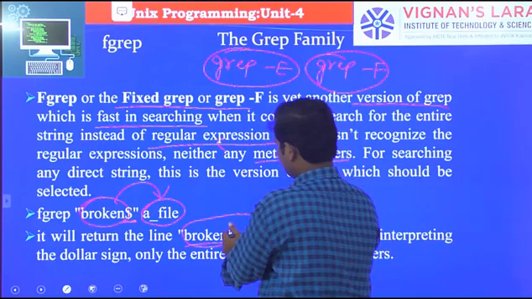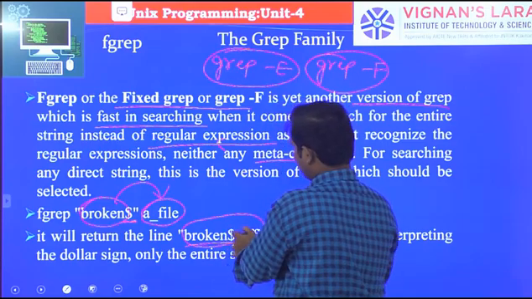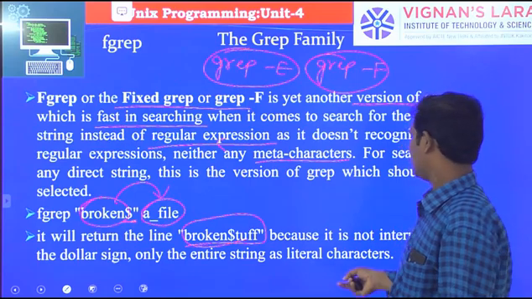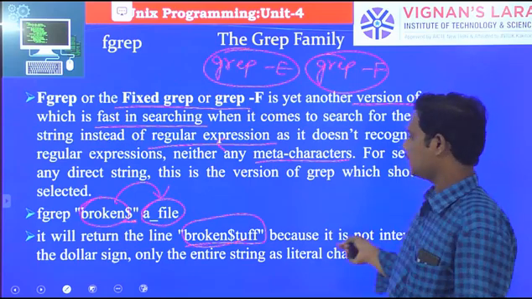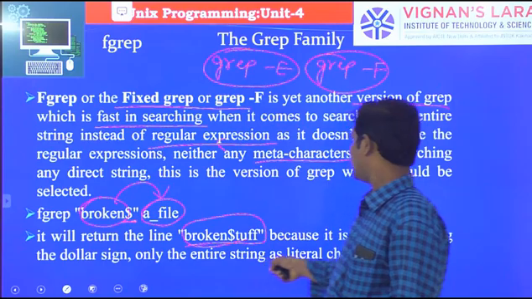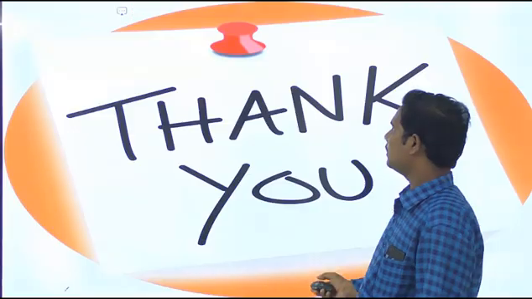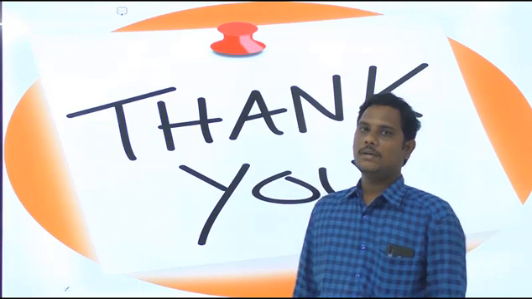Both are single terms: broken stuff, tough, T-U-F-F. It is not interpreting the dollar sign; the entire string is matched literally. So this is fgrep.